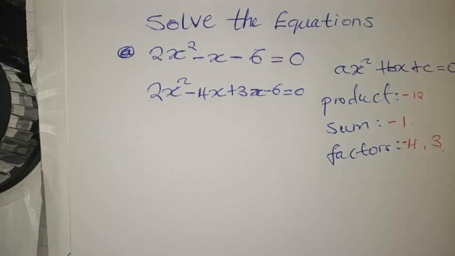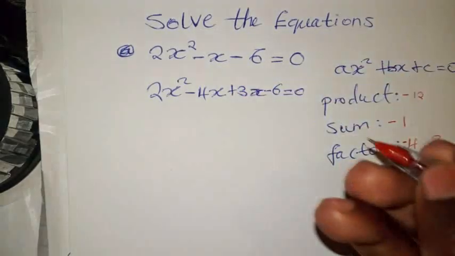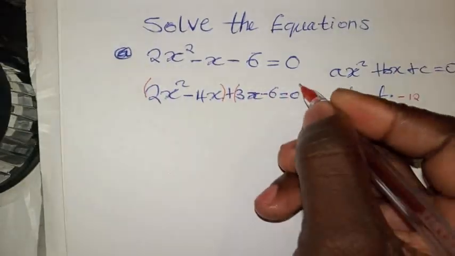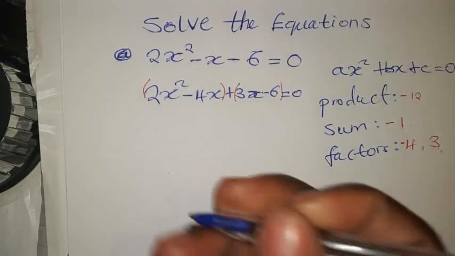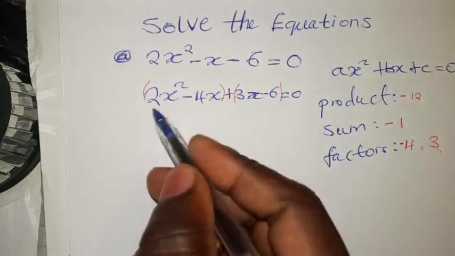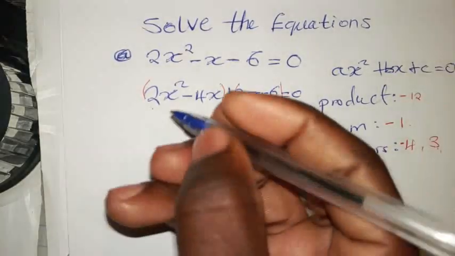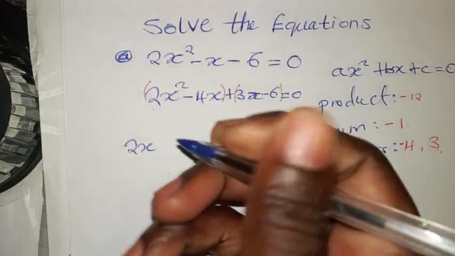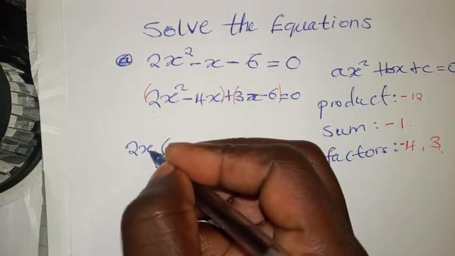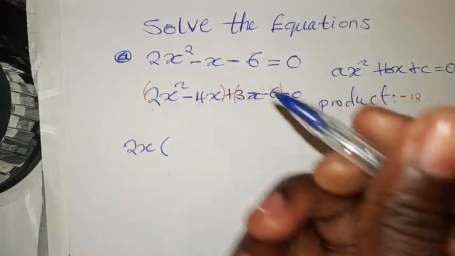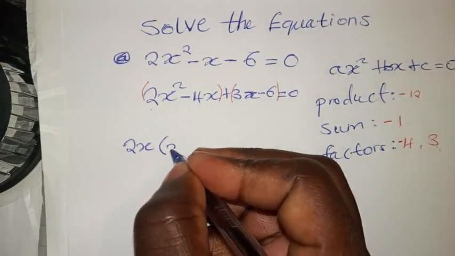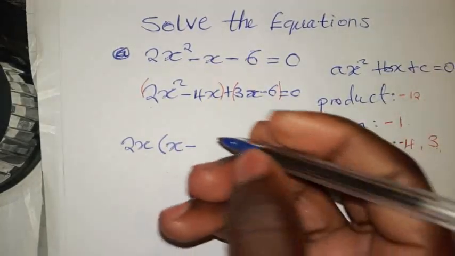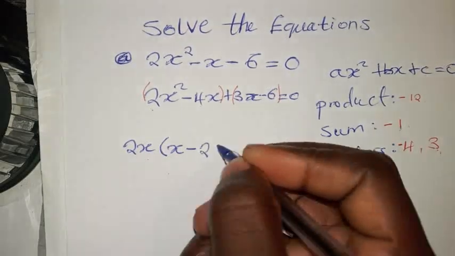When you do that, you proceed. We can now factorize these two and also these two. So what is common here? When you try to factorize these two, you can see that 2x is common. So you say 2x is common here, open brackets. 2x squared divided by 2x will give us x, minus 4x divided by 2x will give us 2.